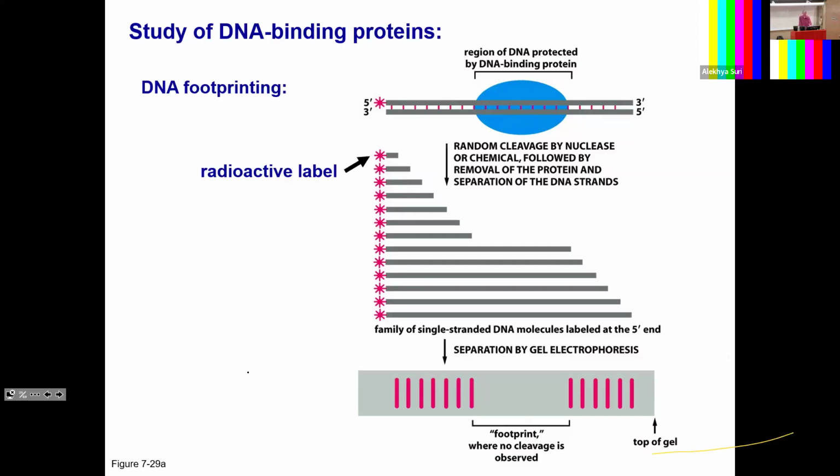We would use a method to digest the DNA fragment in a controlled way, using either a nuclease or a chemical. When we do this, we obtain a ladder of different size DNA fragments.